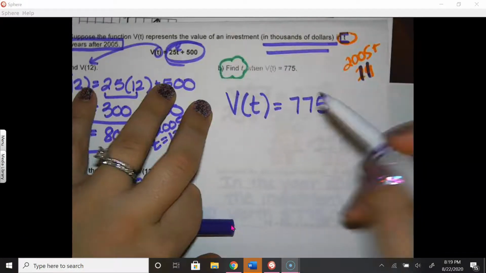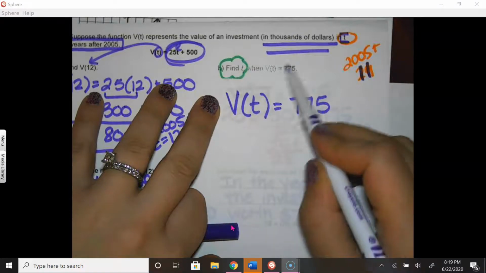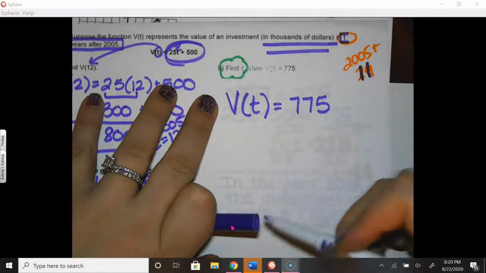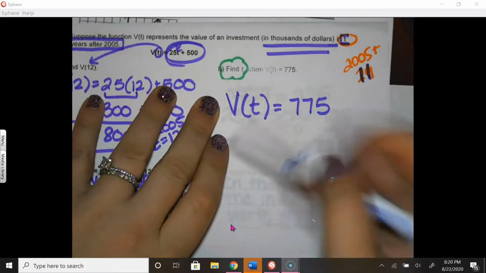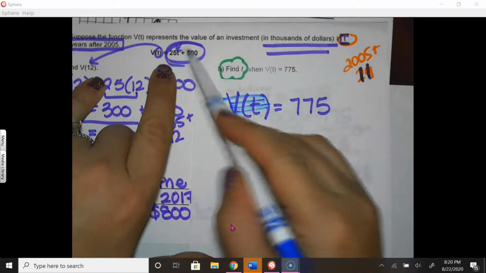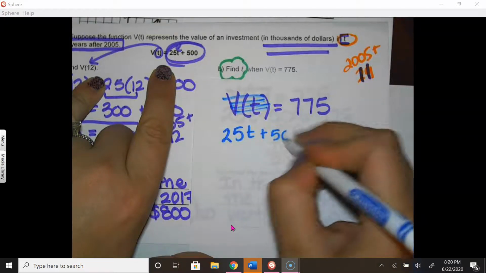Okay, in this next one it says find t. If I'm finding t, I'm not plugging in for t. This doesn't represent the years after 2005. Instead, I'm going to solve for t by replacing v of t with what v of t equals, 25t plus 500.